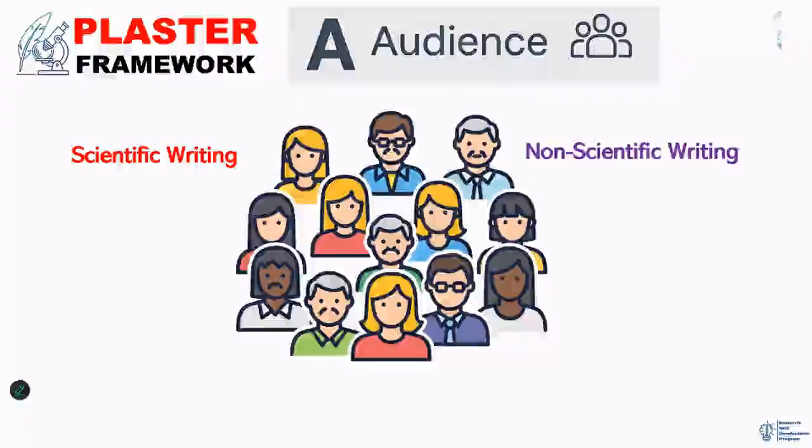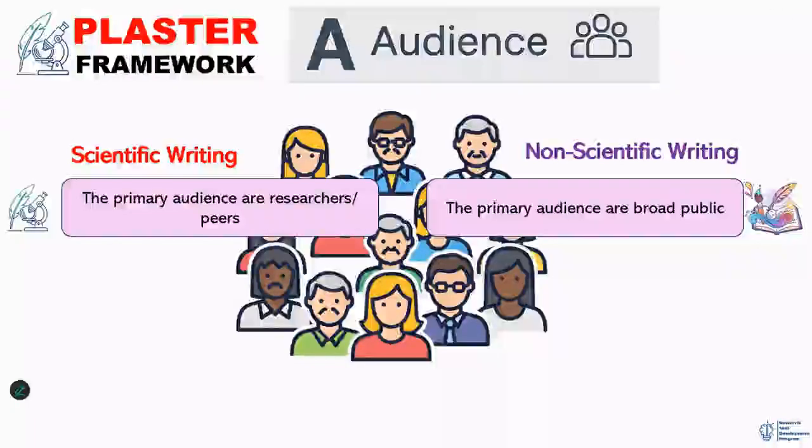Then we come to the third component of the PLASTER framework, which is the audience. For audience, the primary audience are researchers and peers. You do not expect people who read fiction and self-help books to go and read a scientific article published in a scientific journal.